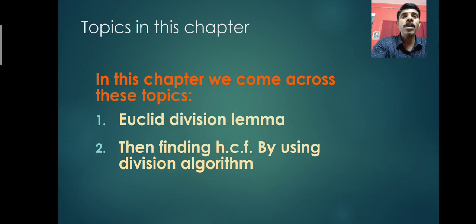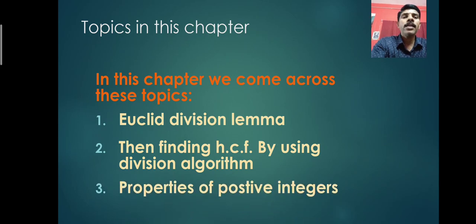Then the division lemma is used as the division algorithm. Lemma is the statement, and algorithm is the statement used a number of times according to the need of the problem. And after that, by Euclid division lemma, we can know some properties of positive integers also. There are some proofs also in this chapter.